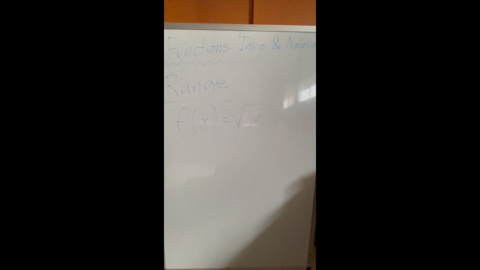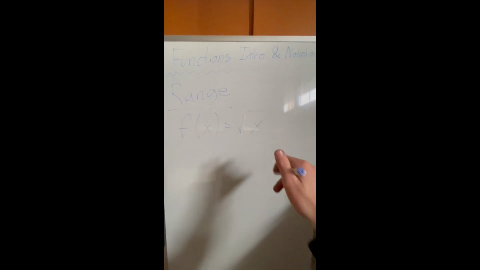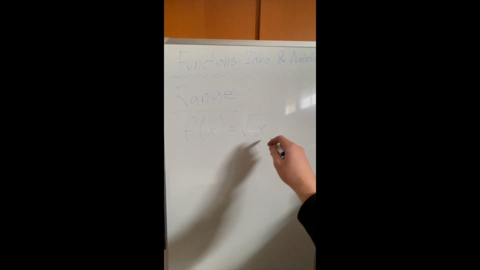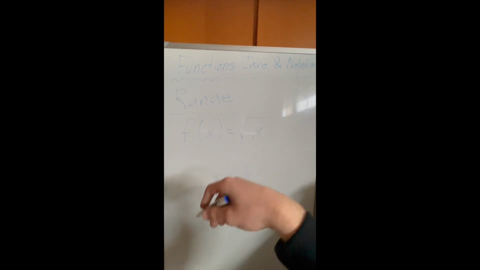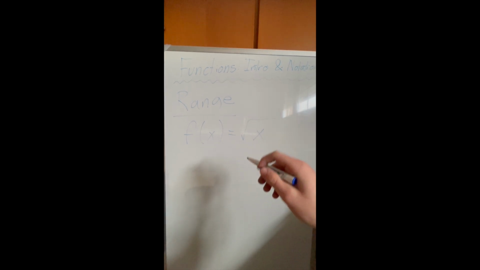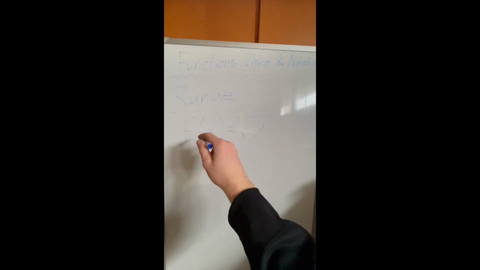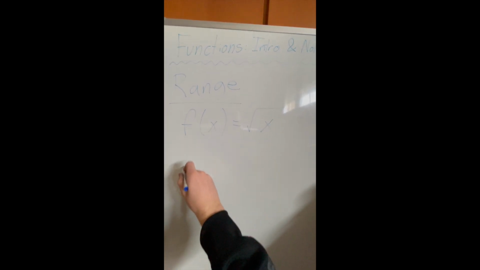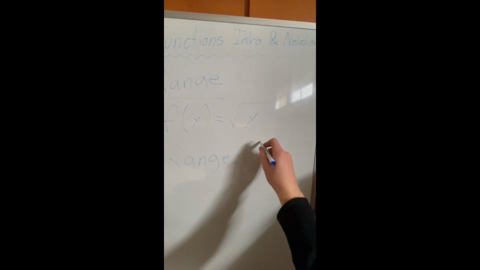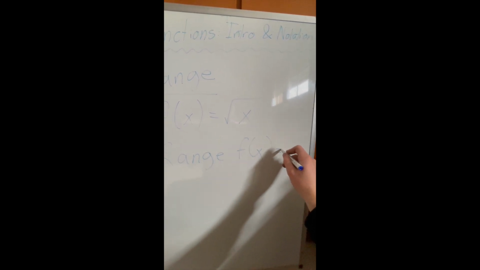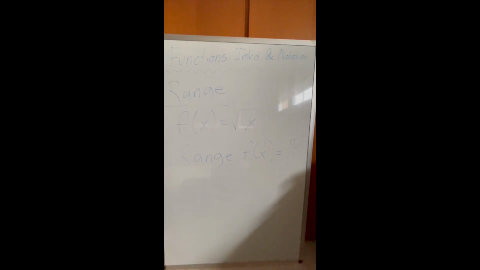But the range of this is also only positive numbers, as no square root will give you a negative number. Square root of 9, 3. Square root of 4, 2. Square root of 100, 10. None of those numbers will give you an output of a negative number. So you can also say that the range of f of x is equal to all positive real numbers.